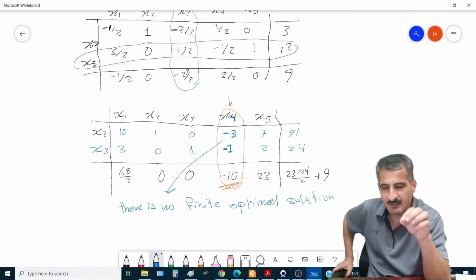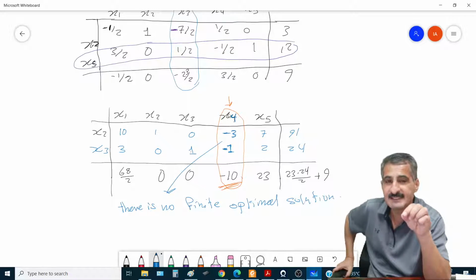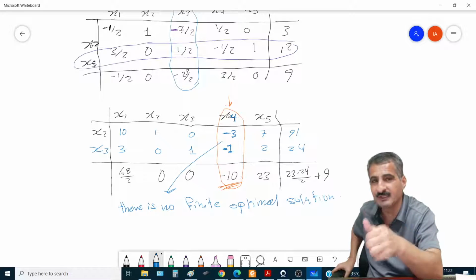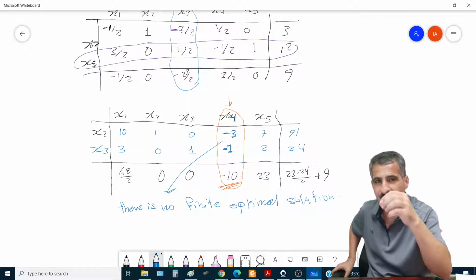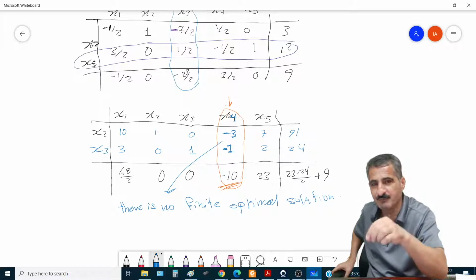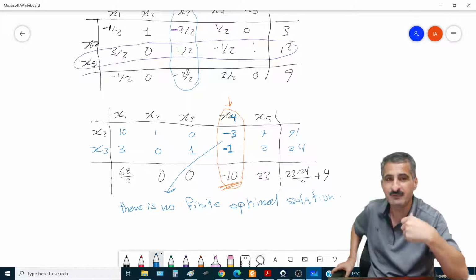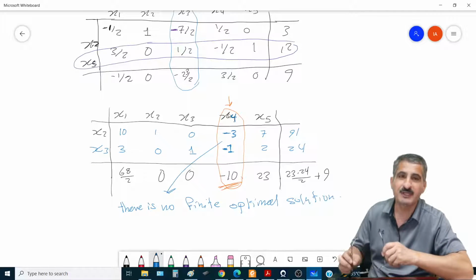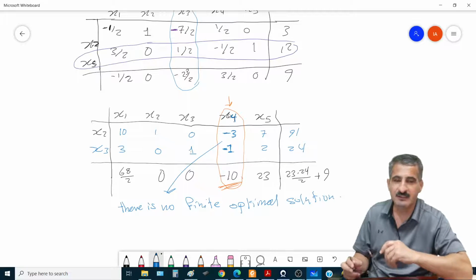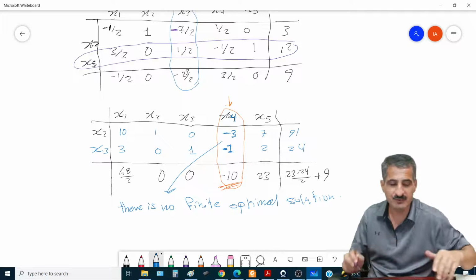Okay, and then we keep moving from an extreme point to an adjacent one, and evaluate the function, and move again from an extreme point to an adjacent one and evaluate the function, till we are done, which means that there are no negative values in the objective row.